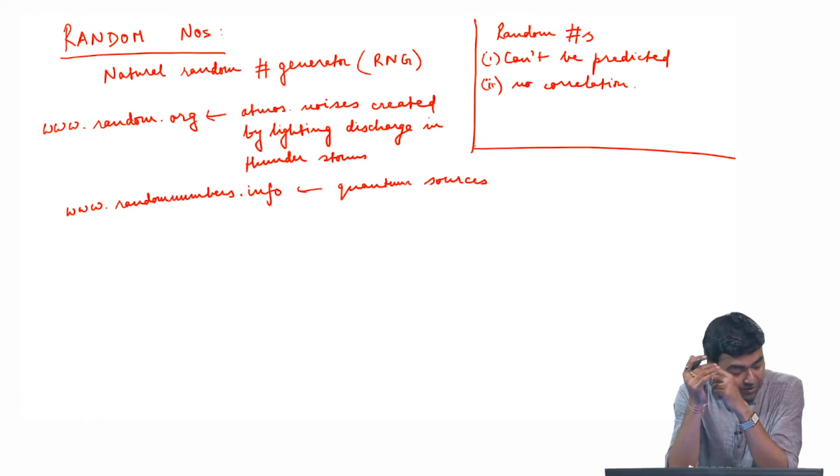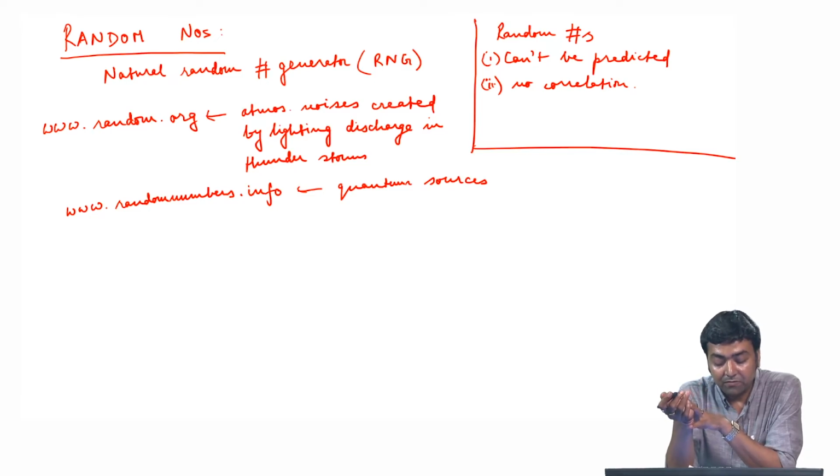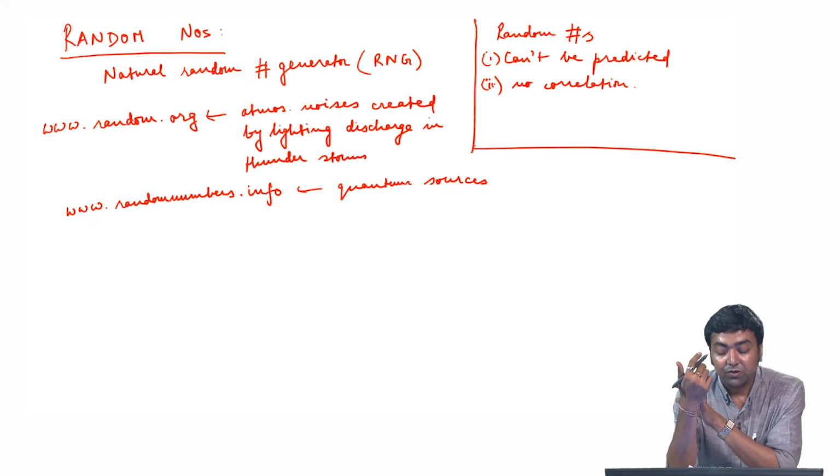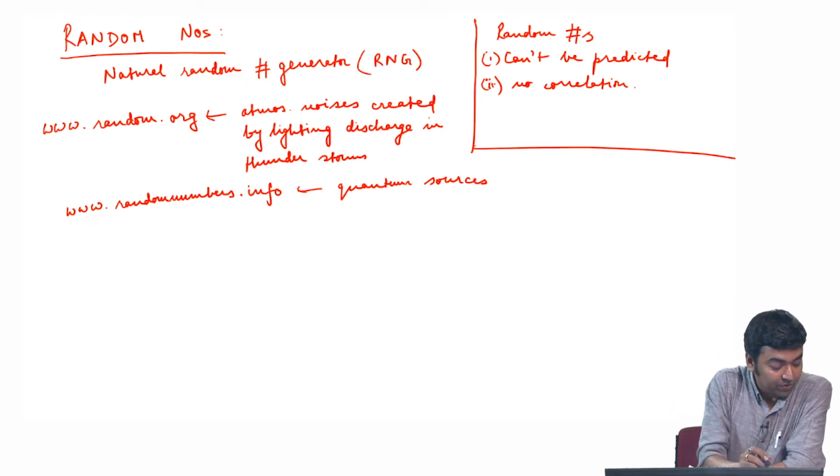So, you take light and a semi-transparent mirror, and then you ask a question: will that light be reflected or will it be transmitted? No one can say this a priori; it is a completely random process. So, this is another type of source.